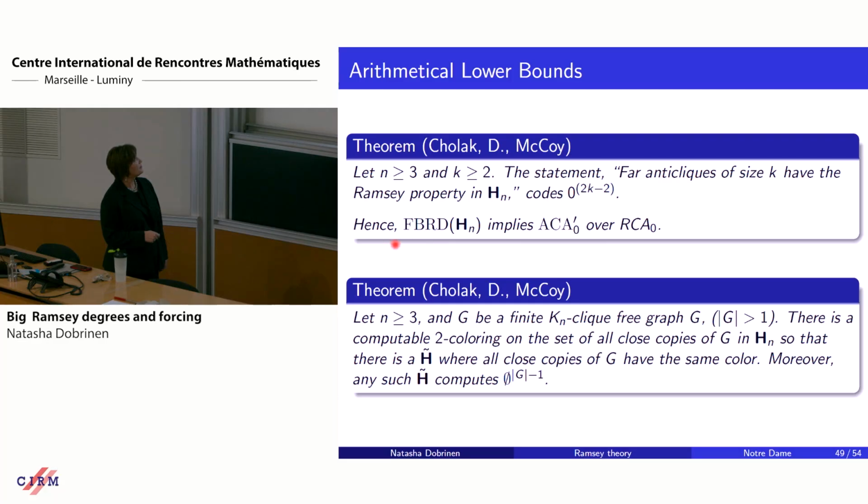And in particular, it shows that the statement finite Big Ramsey degrees of the n clique-free Henson graph needs omega Turing jumps, right? So the lower bound just from this statement is that you need omega many Turing jumps.